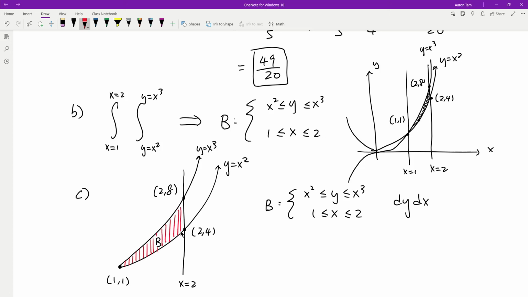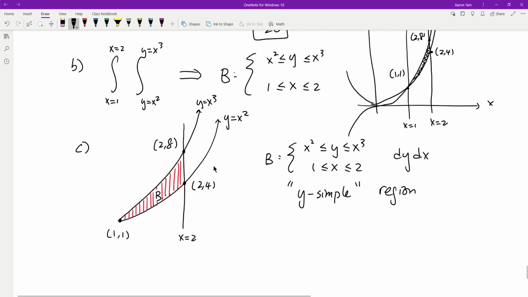Every one of these vertical lines goes between x to the third on top and x squared on the bottom, which makes it very easy to fill in this entire region. What we have here is often called a y-simple region, because it's easy for me to color in the region using two curves in y, and then just going from one x value to another x value.